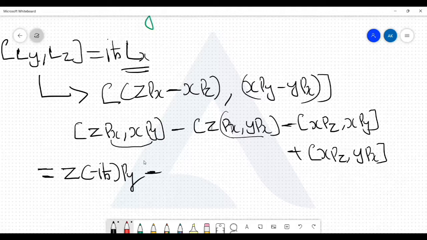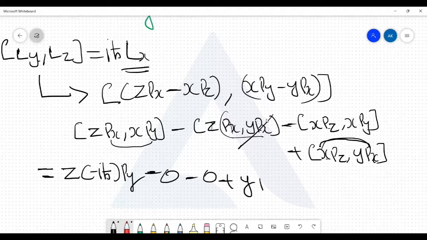If you take p_x commutator with z, that is also 0. Same here, x commutator with this will be 0 and p_z commutator with this will be 0. Plus here, the commutator of x with y p_z, there will be something non-zero. Therefore, that will be there: your y iℏ p_z. So iℏ (y p_z minus z p_y).